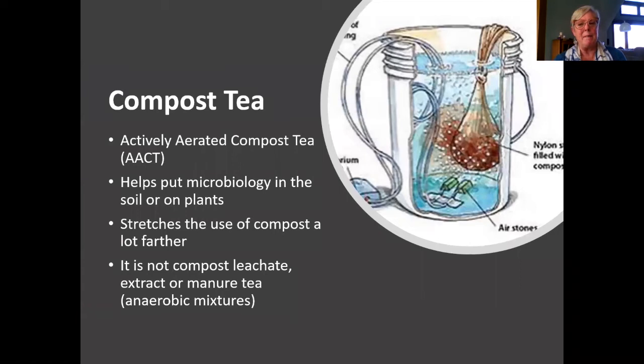We don't talk a lot about compost tea with master gardeners simply because every batch is different when you're making compost itself. And so there's no way to actually do a scientific experiment and studies on this stuff, because you need to be able to replicate them.